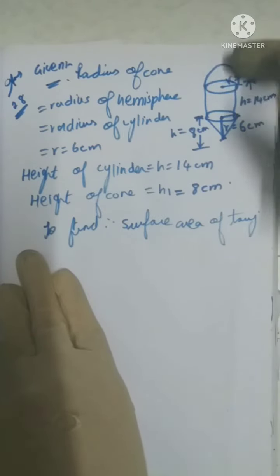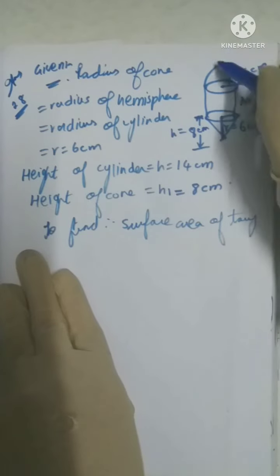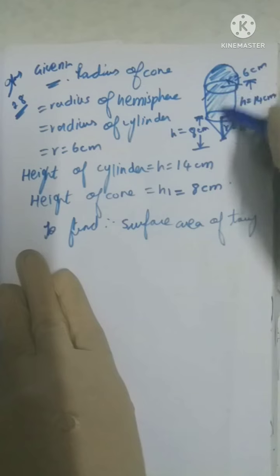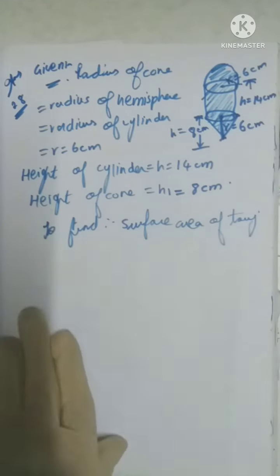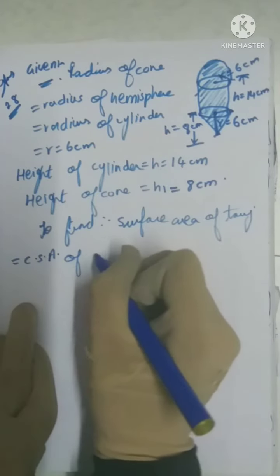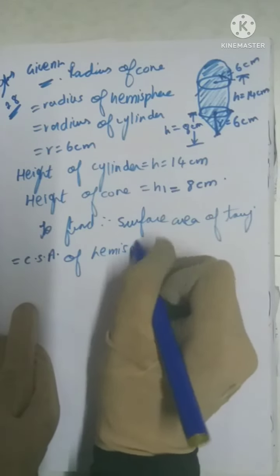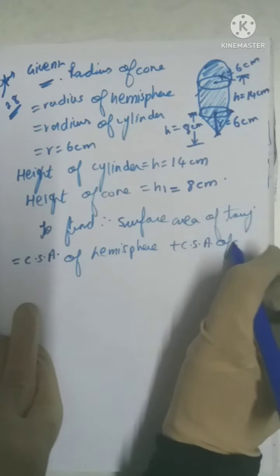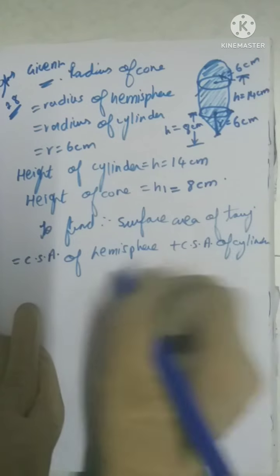So only the curved part of the hemisphere will be visible, the curved part of the cylinder will be visible, and the curved part of the cone is visible. So surface area of toy is nothing but curved surface area of hemisphere plus curved surface area, that is CSA, of cylinder, plus curved surface area of cone.